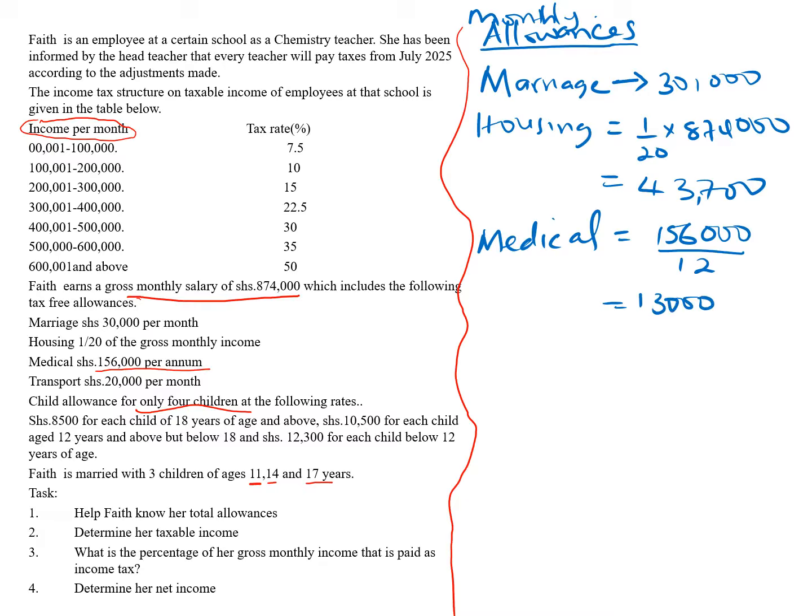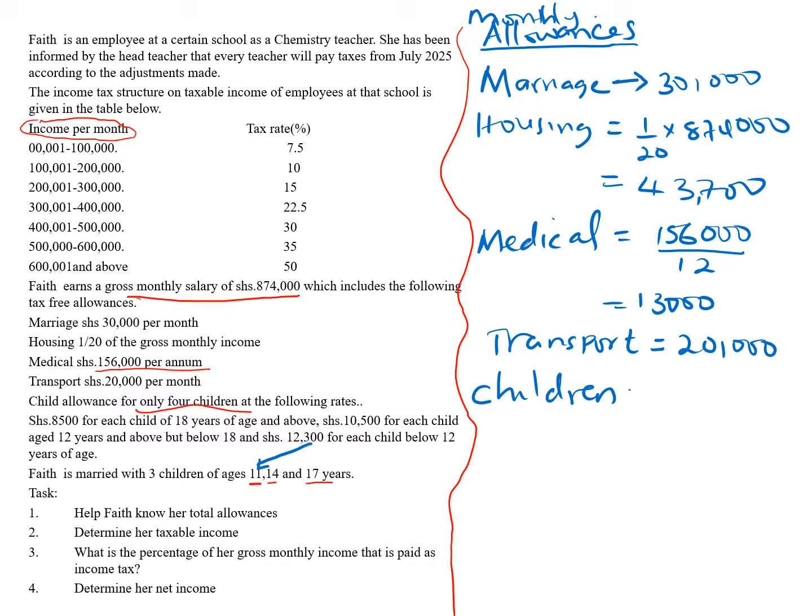That is medical. And then also here we shall have our transport, which is already given per month. That will be 20,000. And then children. Now come here. They are saying a child below 12 years will get this.